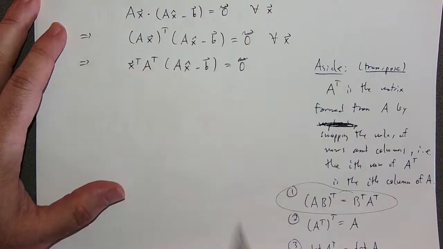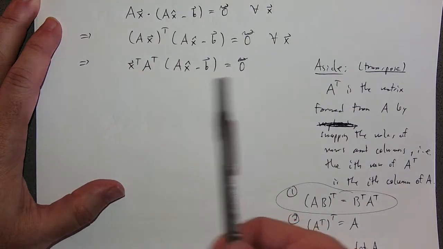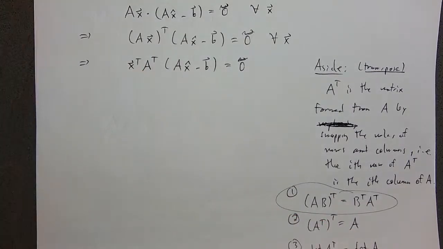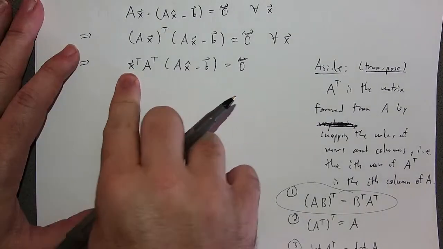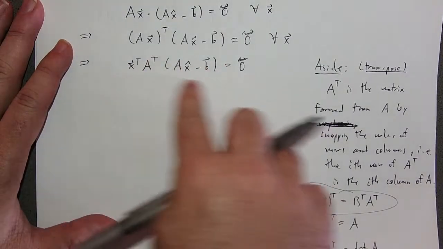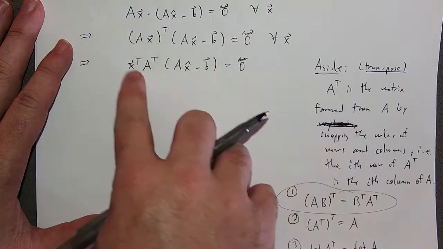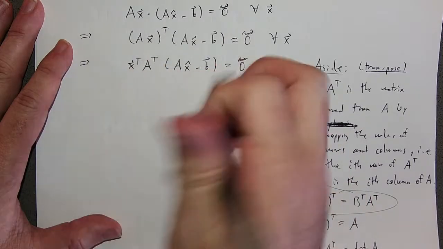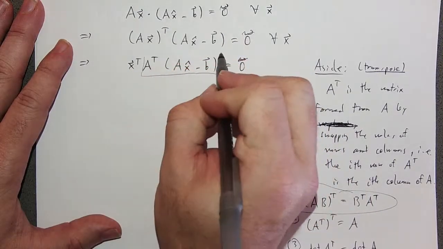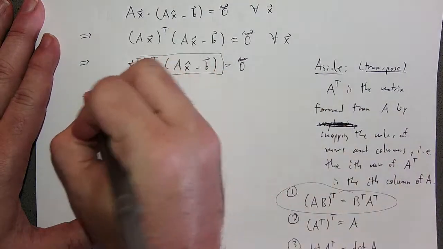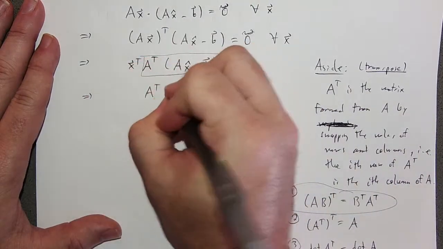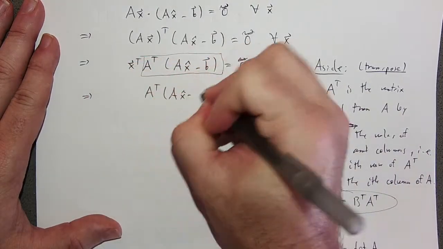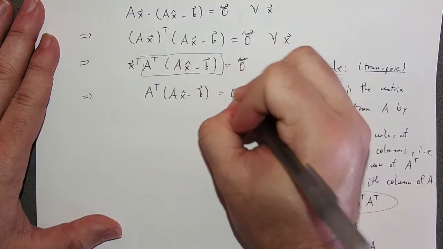If this is going to be 0 when multiplying by this x transpose at the end, for all x, then the thing you are multiplying by needs to be the 0 vector. So this means A transpose times (Ax hat minus b) is equal to the 0 vector.